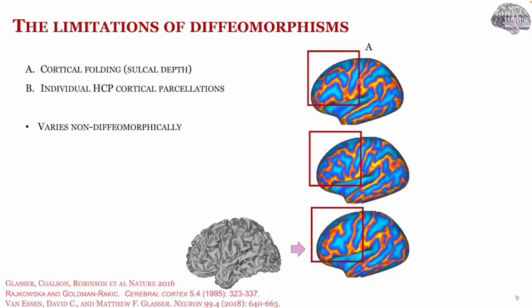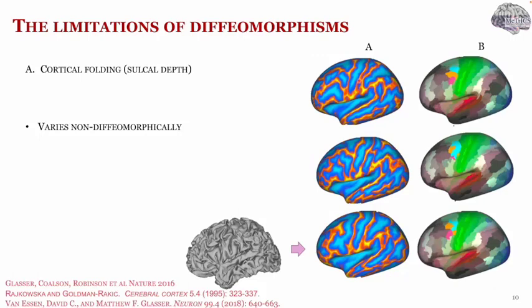Particularly within the frontal lobe, you'll see examples where one individual will have multiple folds where another individual will only have one. Similarly, if we start to then look at fMRI mappings of cortical areas, we start to see types of variability that would require mappings which swap the locations of regions around or split them in two. Transformations which, as we've just said, are completely prohibited under a diffeomorphism.